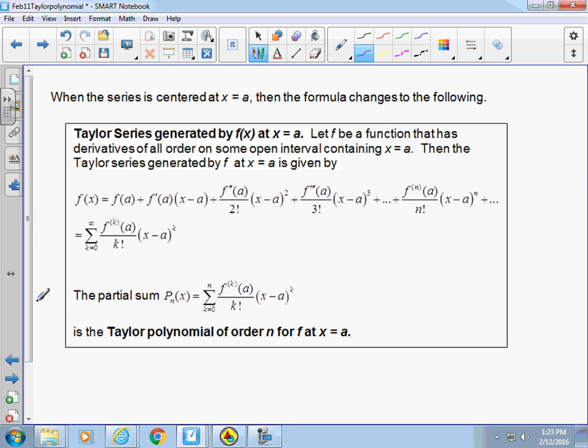This is the formula for the general Taylor series centered at x equals a instead of at x equals 0. Notice now all the derivatives are at the value a, not at 0. And then instead of just an x to a power, you have what? x minus a.